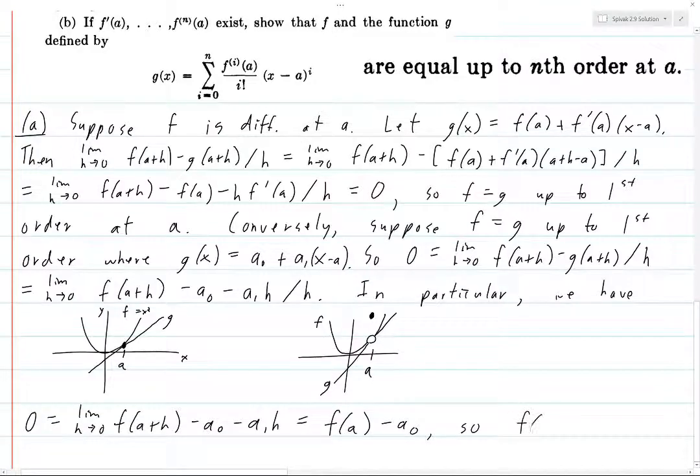So a0 equals f of a, and that's what we need. So we need continuity of f, but then we get the desired result. All right?